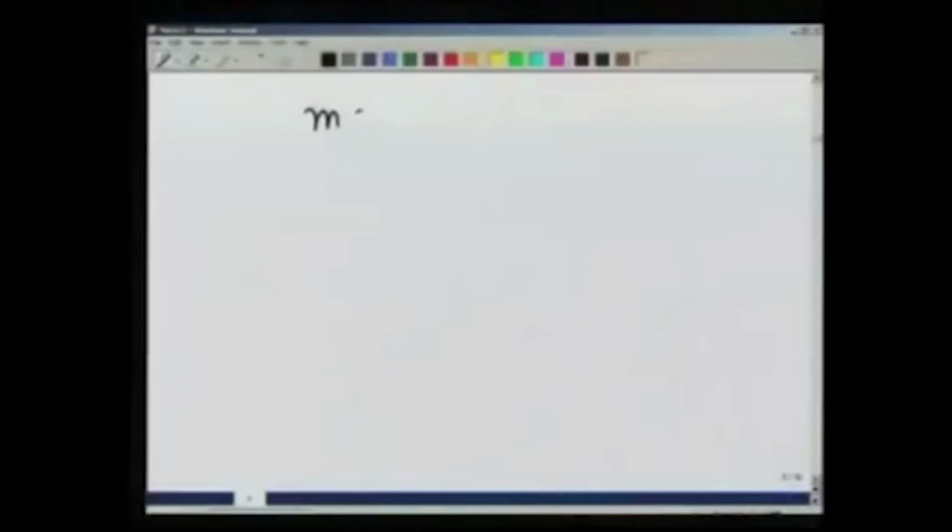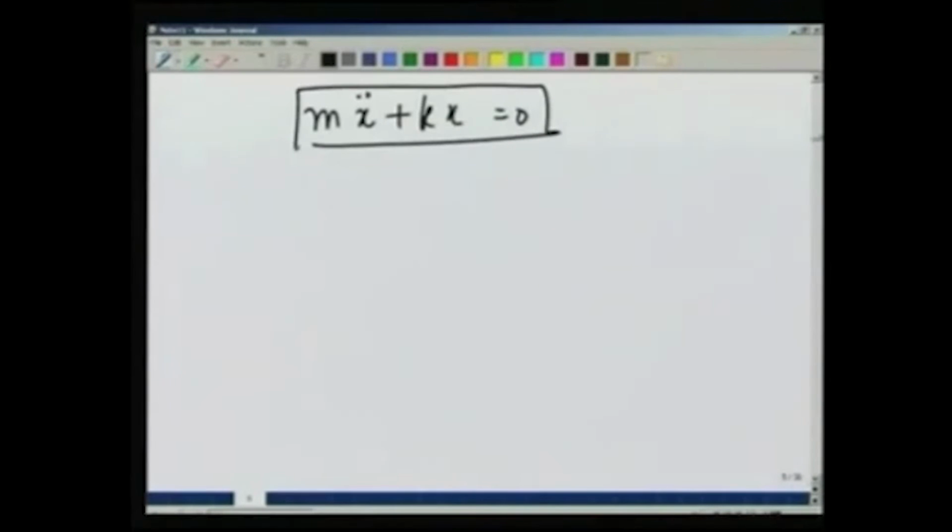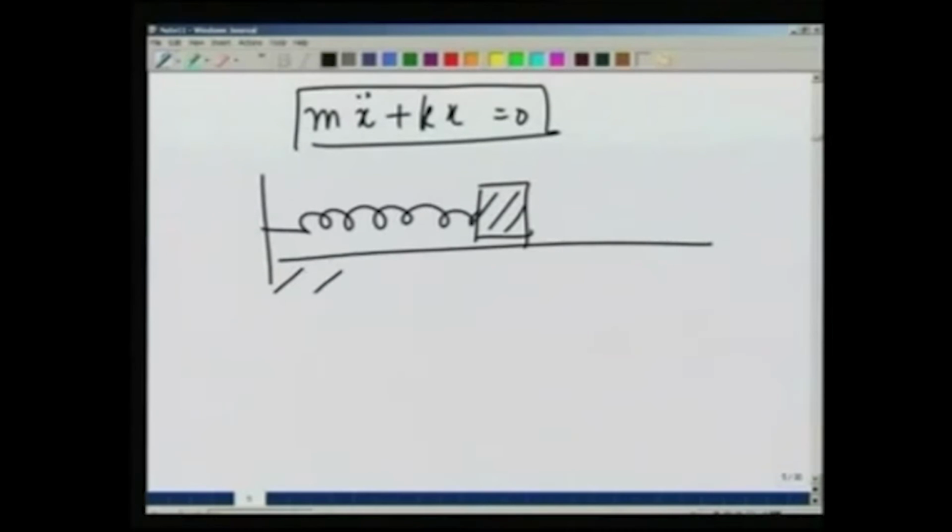So what we have is m x double dot plus kx is equal to 0. This is also the equation for a mass tied at the end of a spring which is oscillating on a frictionless plane.